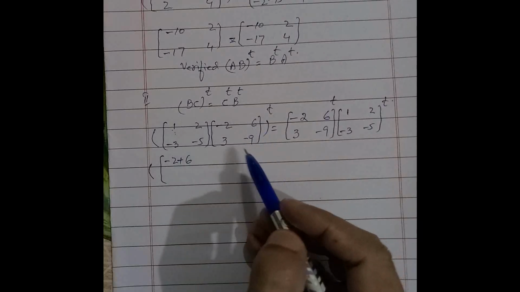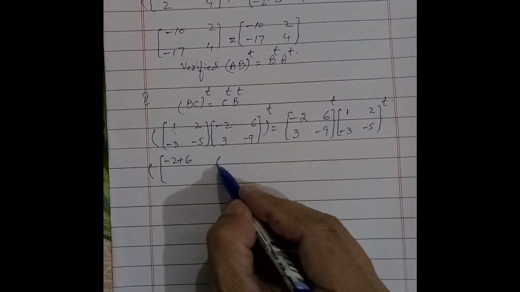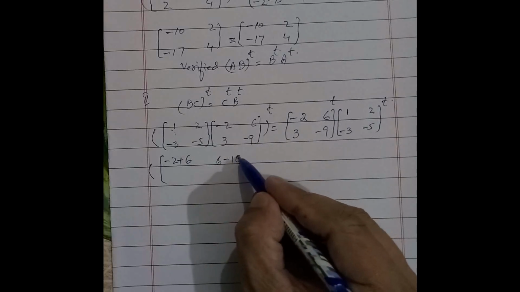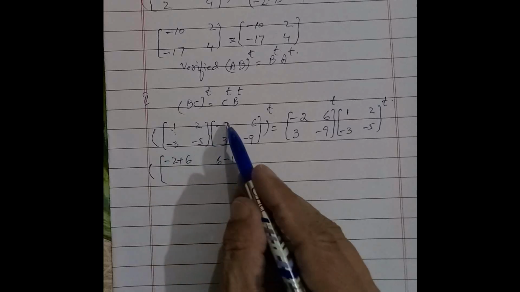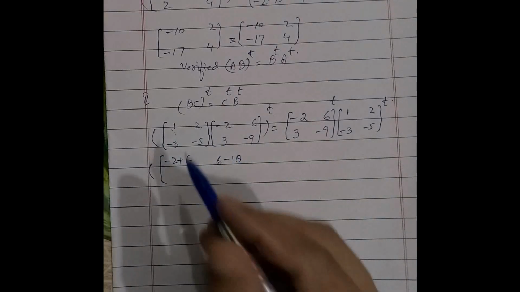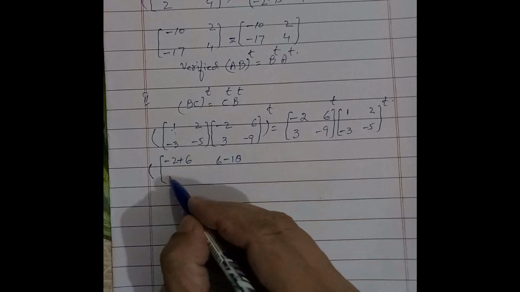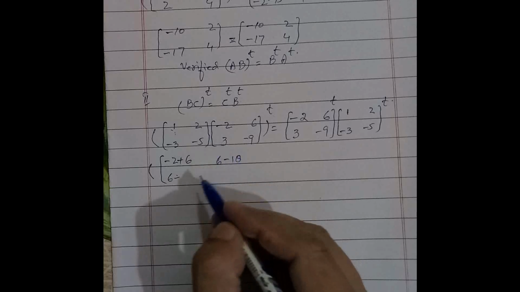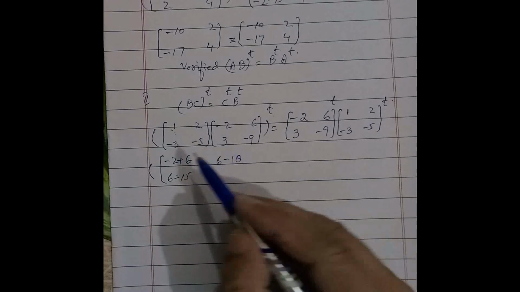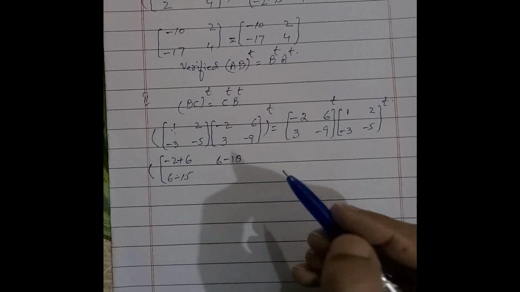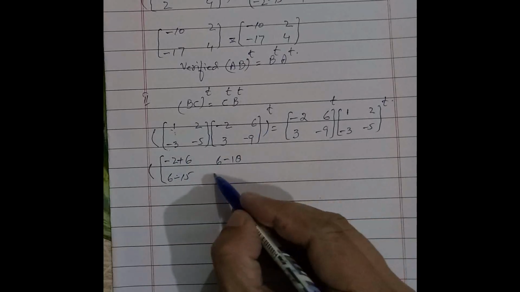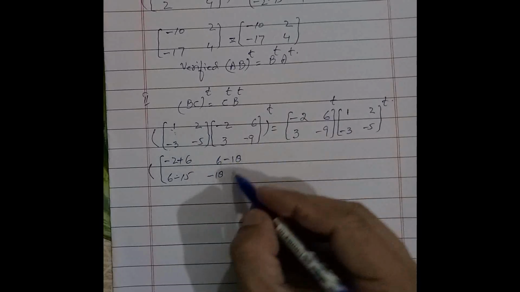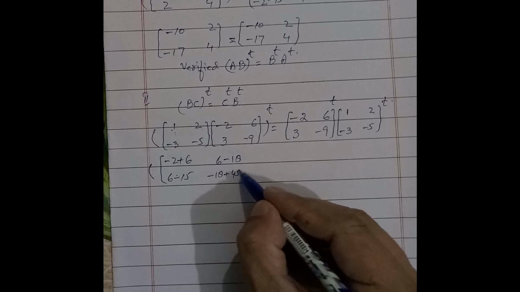First row with second column is 1 multiplied by 6 is equal to 6. 2 multiplied by -9 is equal to -18. Second row with the first column is -3 multiplied by -2 is equal to +6. -5 multiplied by 3 is equal to -15. Second row with the second column is -3 multiplied by 6 is equal to -18. -5 multiplied by -9 is equal to +45.